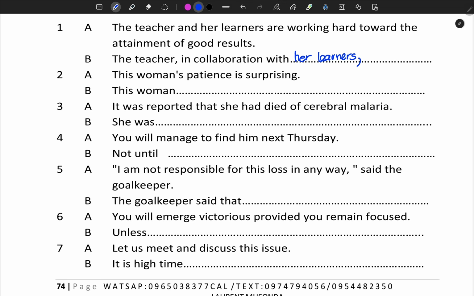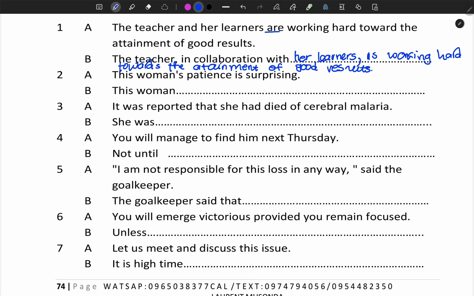Now instead of saying are, we change are to is working hard towards the attainment of good results.